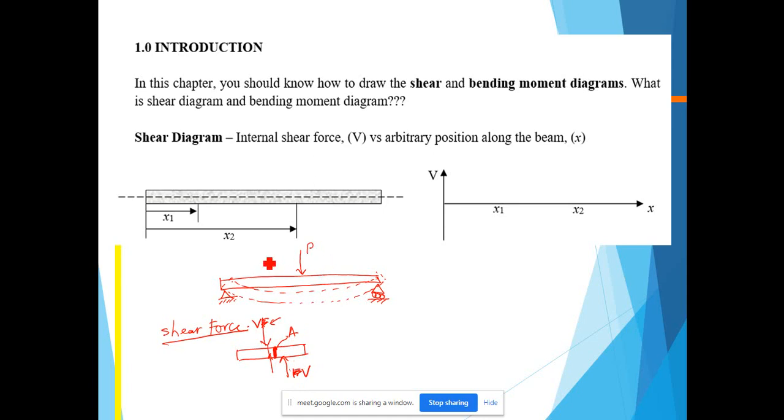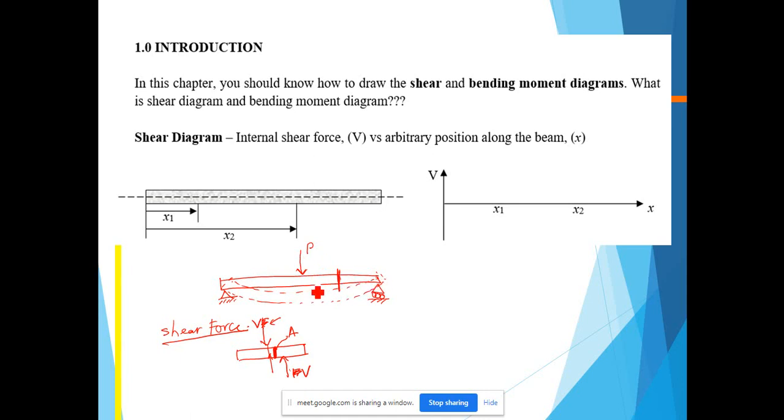Same thing here. If you see here, this is the cross section of the beam, and this force is parallel to the cross section of the beam.